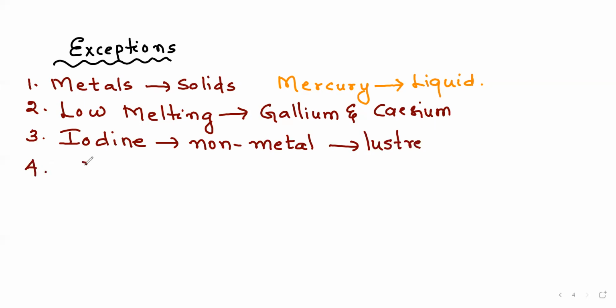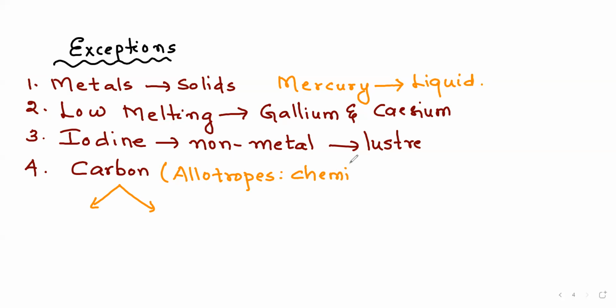Now, coming to carbon, there are two forms of carbon. We call them allotropes. What are allotropes? Allotropes are chemically the same. Chemically, both are carbon, but they have different structures, which means they are physically different.